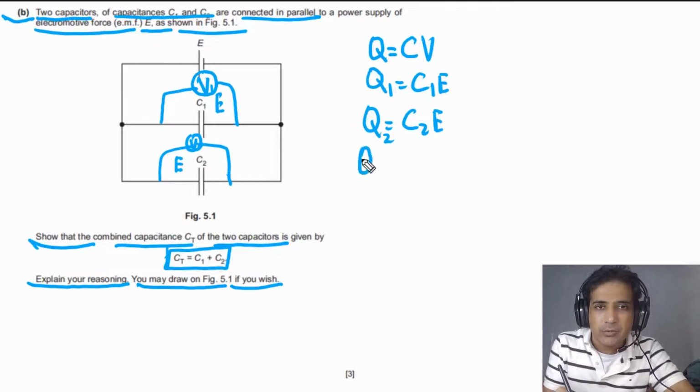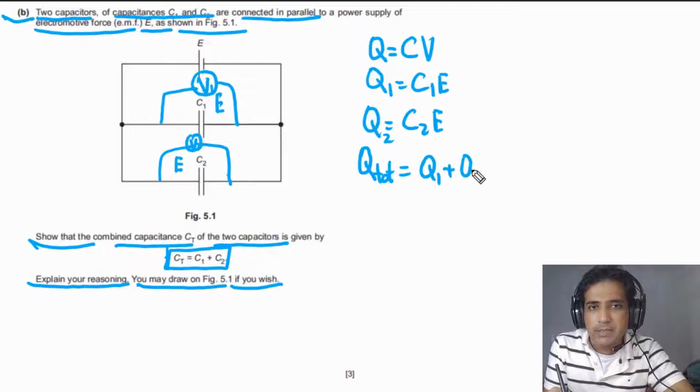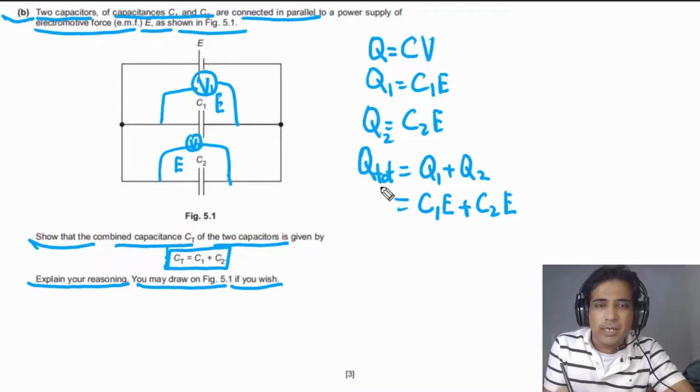Q total will be equal to Q1 plus Q2. We can replace Q1 with C1E and Q2 with C2E, and we can also write the total charge on these two capacitors as C total times E.